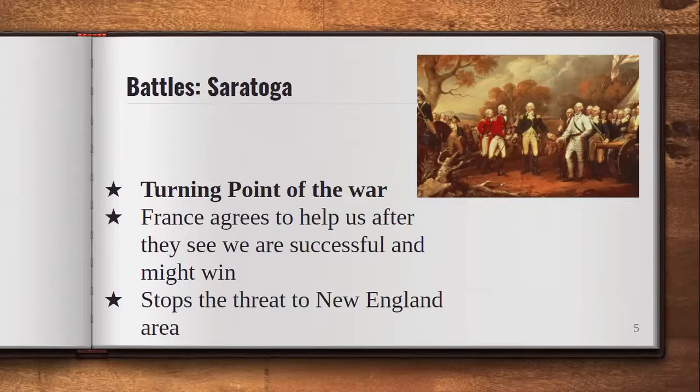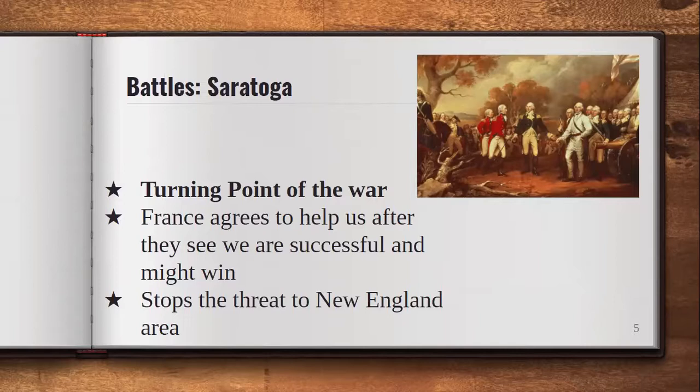So Saratoga is important because it's a turning point in the war. First of all, France agrees to help us, and we need their help. So they see that we're actually successful and might win because the French do not want to join the losing side. But the other important thing that this does is this stops the constant battles in the northern section. So New England, the Boston area, that area has now been soundly defeated of the British, okay?